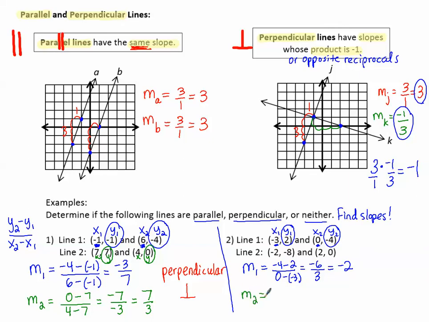Slope of line 2. Start with the y's. 0 minus -8 and 2 minus -2. That makes 8 divided by 4. That makes +2. Now, these are opposites, a negative and a positive, but they are not reciprocals. Since they are neither opposite reciprocals nor the same slope, these are neither parallel nor perpendicular.